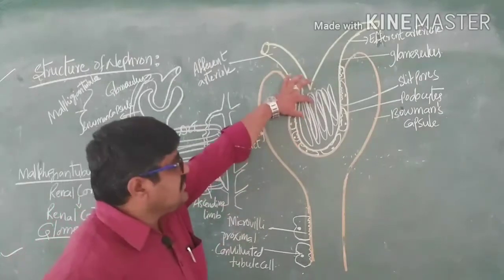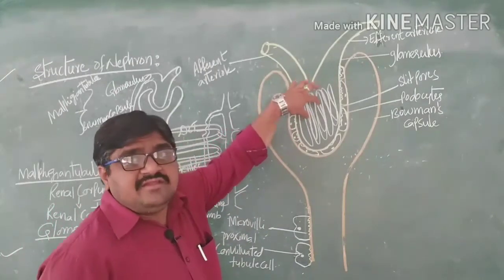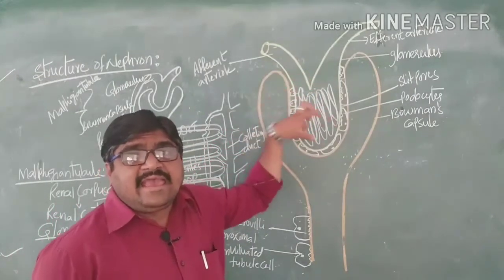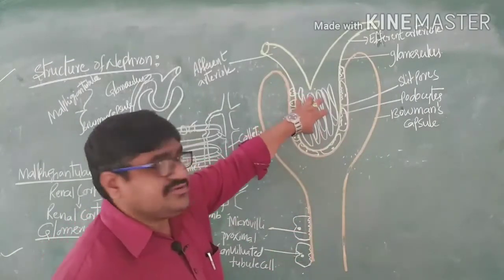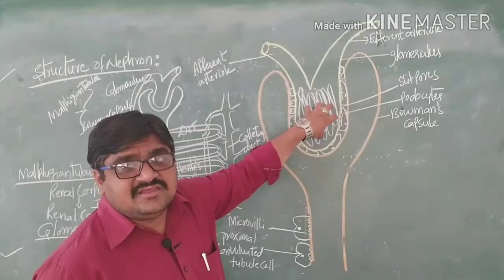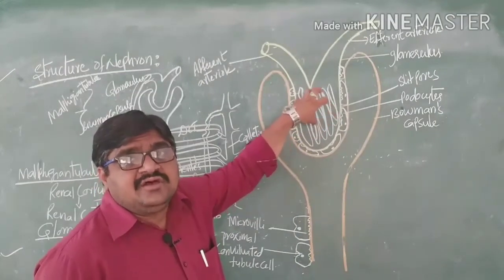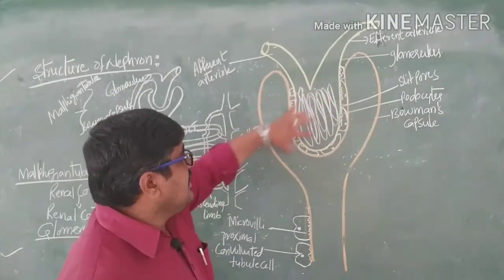A tuft means a group of blood capillaries which are present in the cup-shaped structure, that is the Bowman's capsule, and that is called the glomerulus.